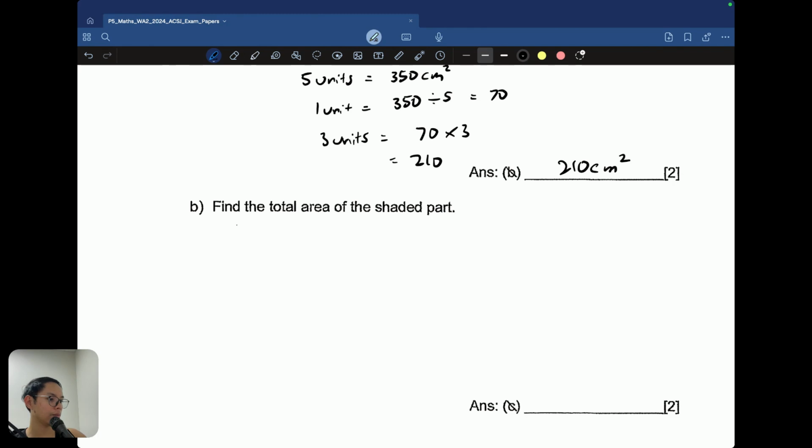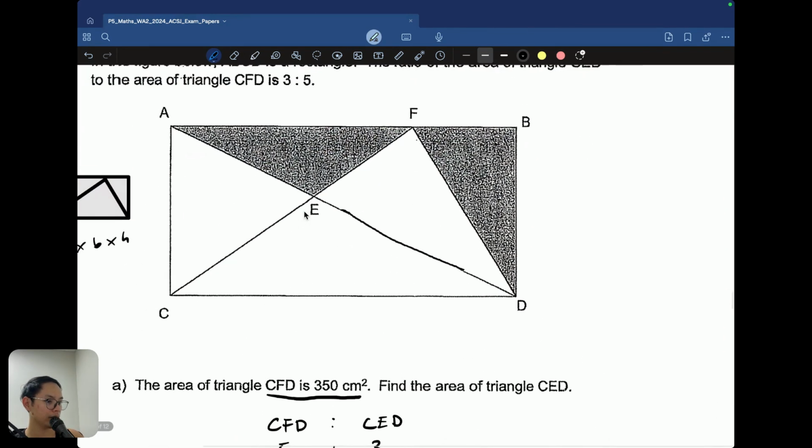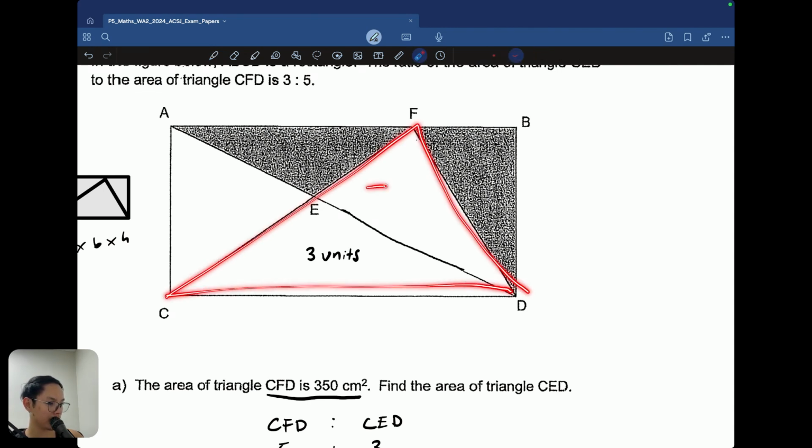Then now we see that this CED over here is 3 units, and this whole CFD is 5 units. How much is this triangle? You guessed it, it's actually 2 units.